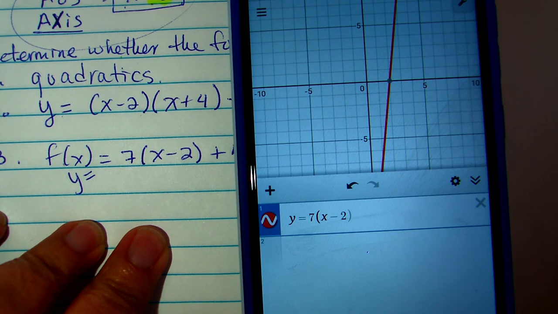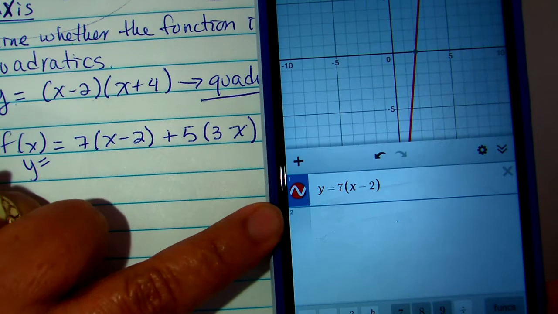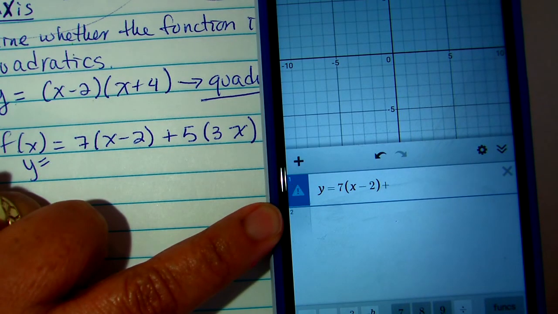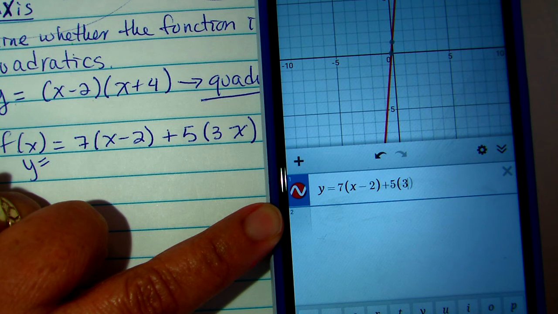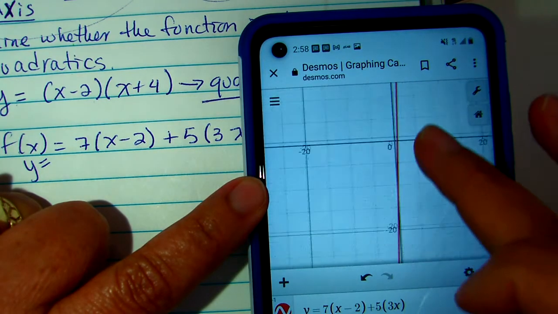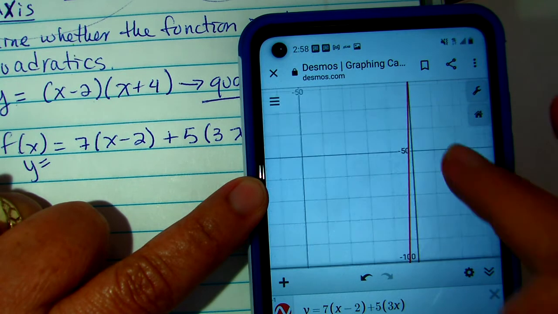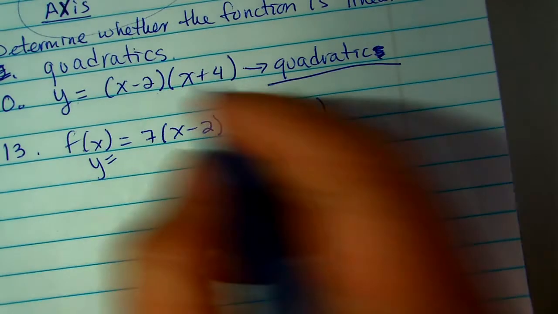I'm going to close the parentheses plus 5 parentheses 3x. Now close the parentheses. And you see, this one is a line. It's a line. There's no parabola, it's a line. Okay? So this one is linear.